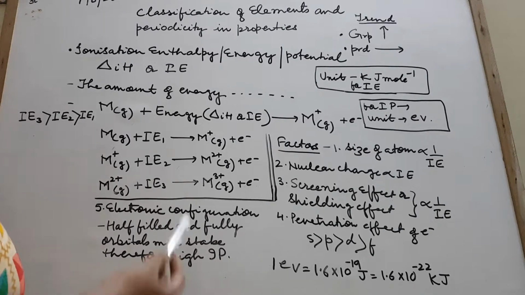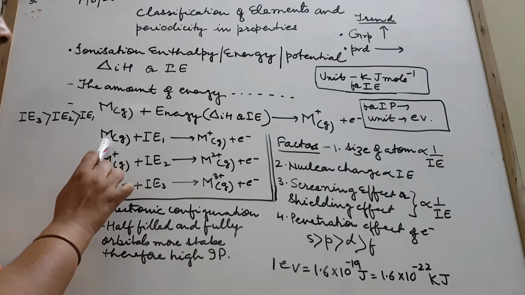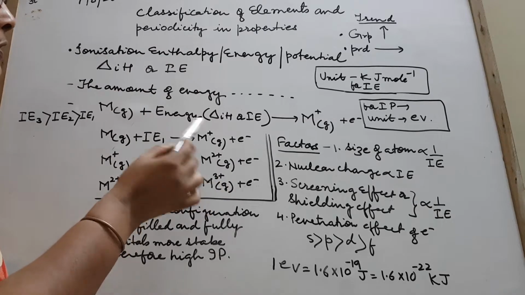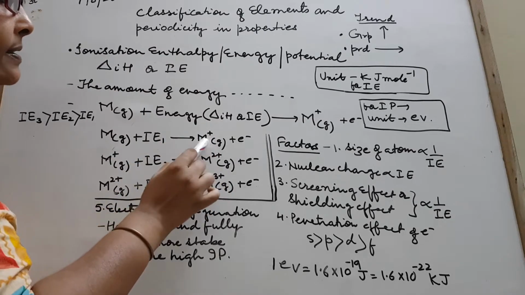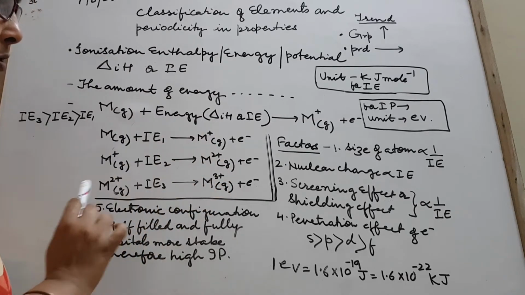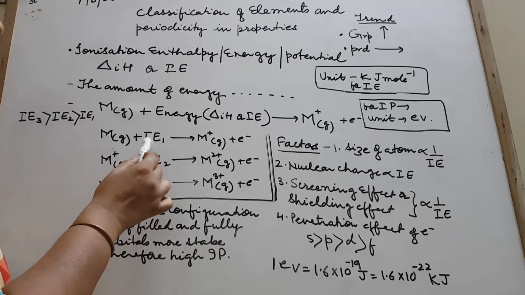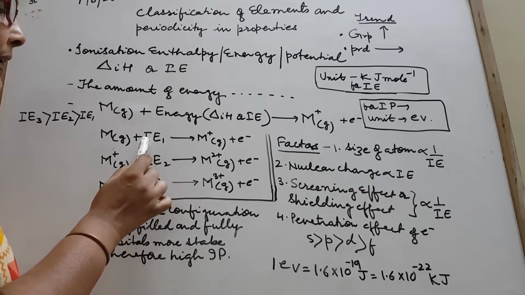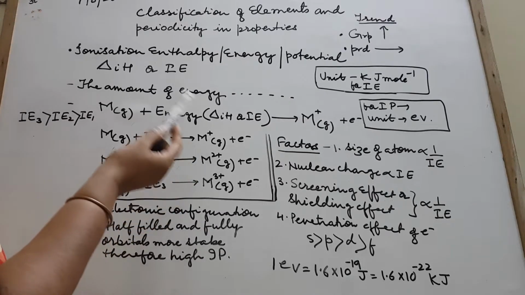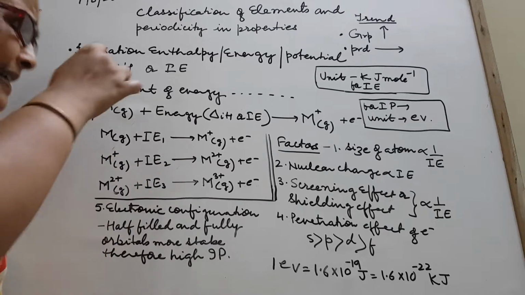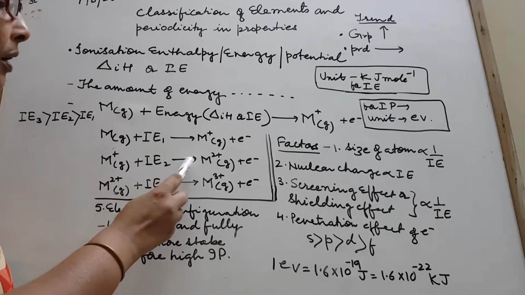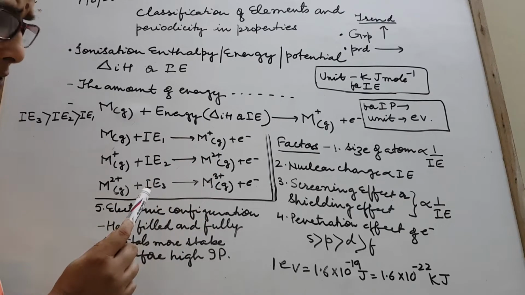Now, suppose I had a gaseous atom, I supplied energy, and it got converted into a gaseous cation of the type M+. Electron gone out. So I can call it first IE or first ionization enthalpy. Now again I supplied energy. Now the electron which comes out is again the most loosely bonded electron, and it got converted into M2+.